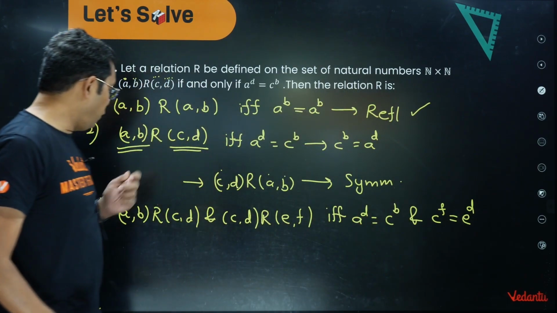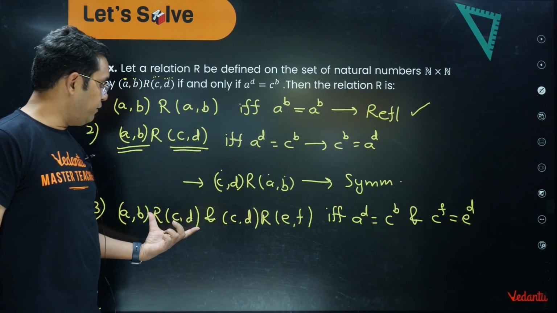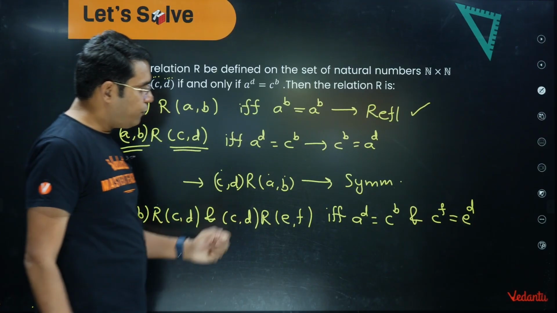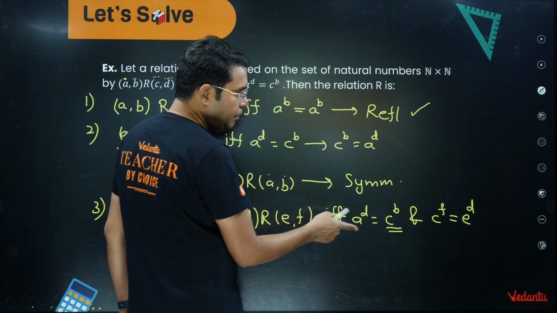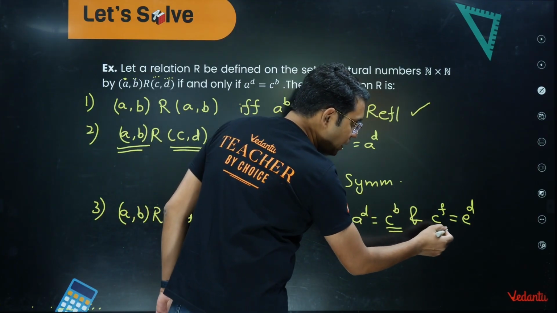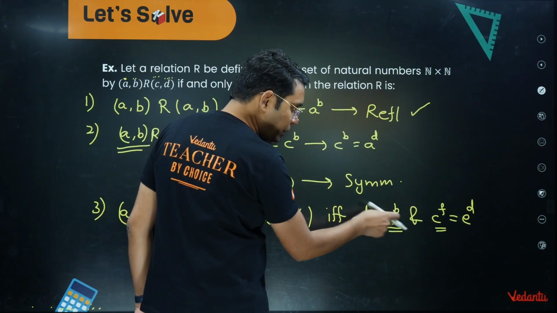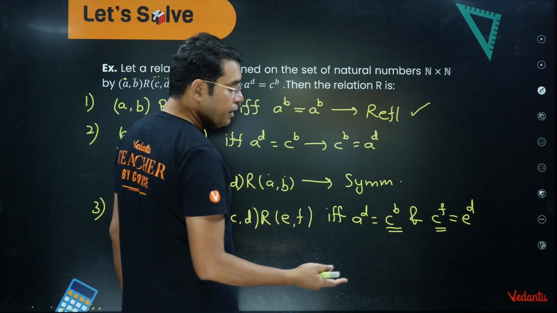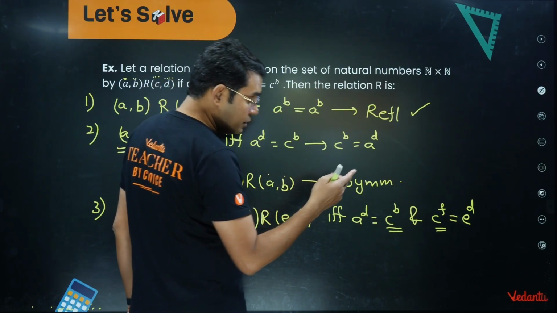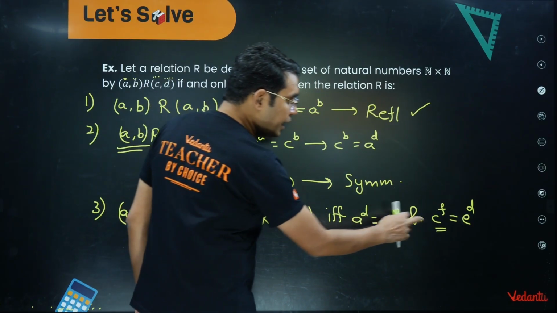Now, if I want (a, b) related to (e, f), I will like to eliminate (c, d). And for that, what I can do, I will raise this first relation by power f and this by power b, so that this will be having c raised to the power b into f. This will also be having power of c as b into f. So we can eliminate these two.